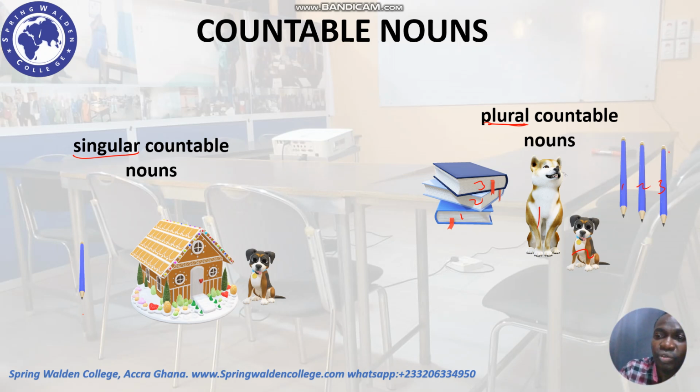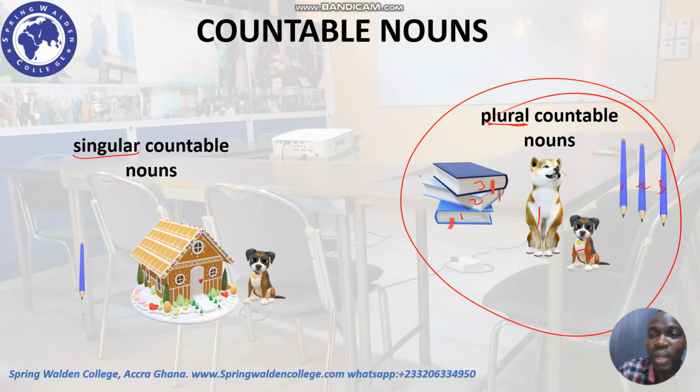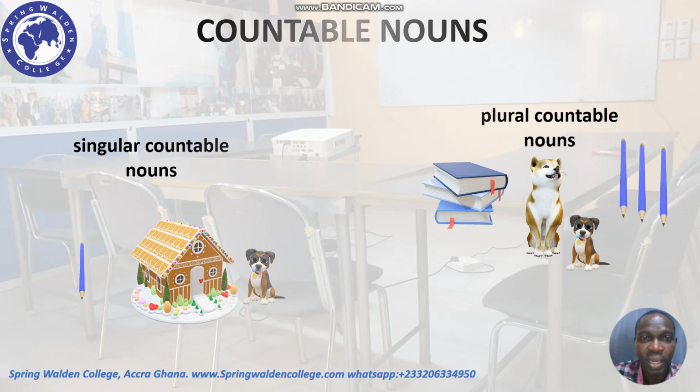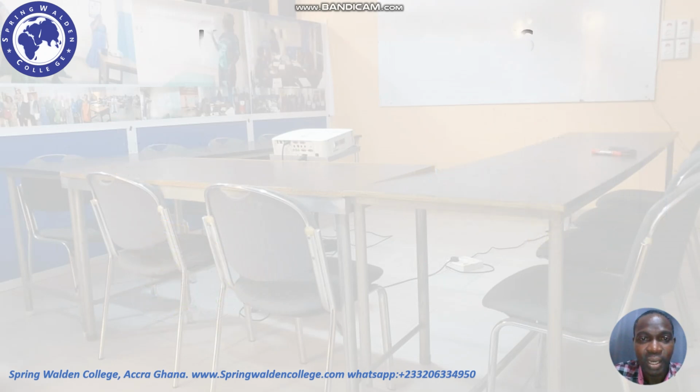Now, in the introduction, I told you that plural countable nouns are used with some and any, but if they are singular, no, we cannot use some and any with the singular one. So if the noun is singular, you cannot use some or any. Keep that in mind.